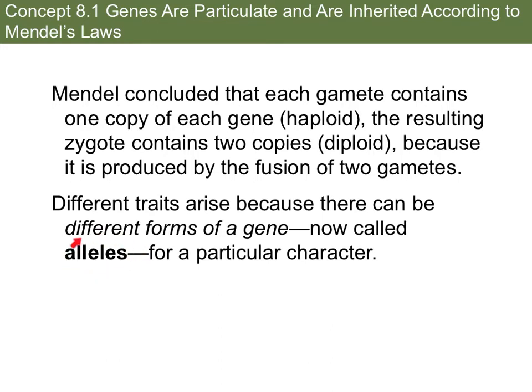The different forms of a gene are called alleles. For example, the flower color characteristic can have a purple allele, a white allele, a red allele, an orange allele. It's describing the same characteristic, but there can be many forms of that characteristic.